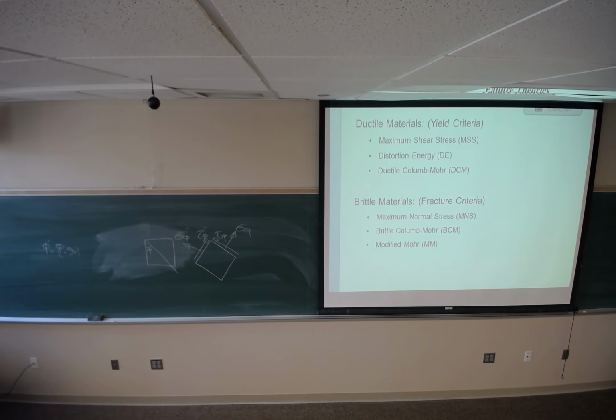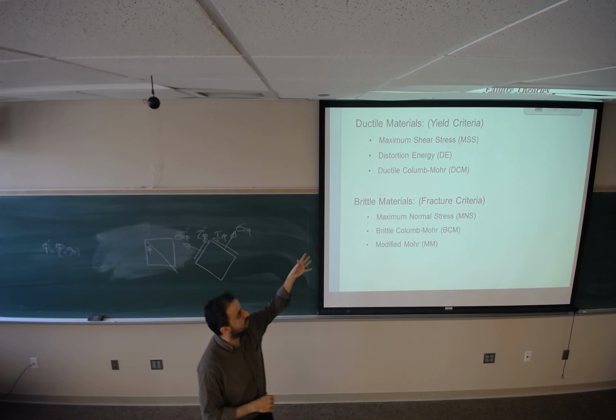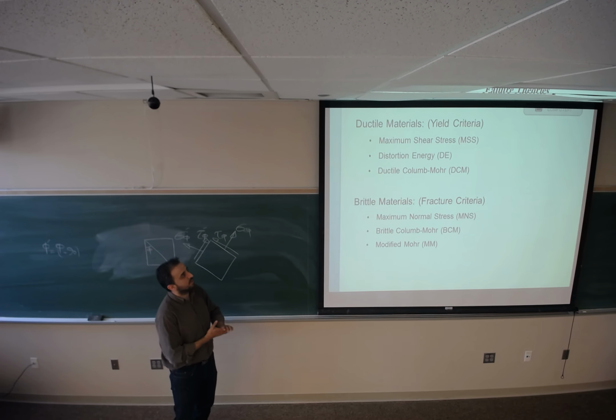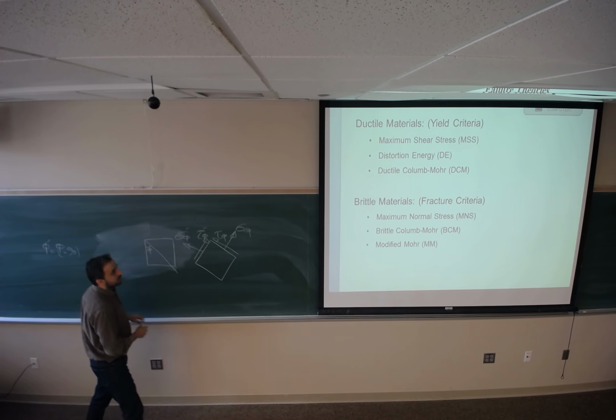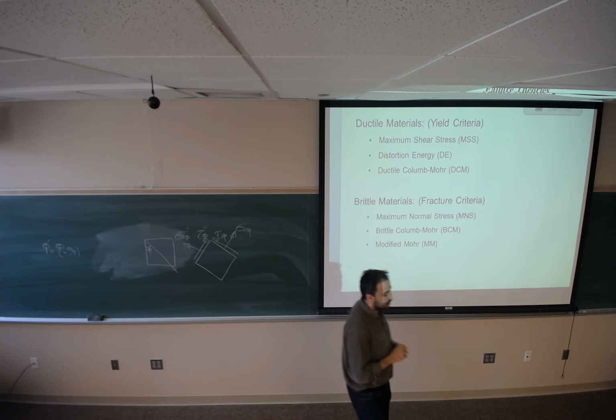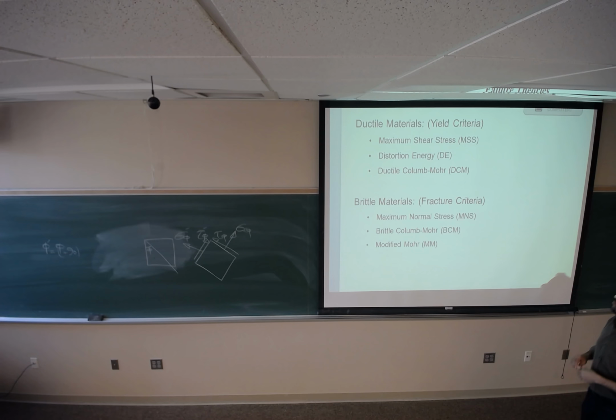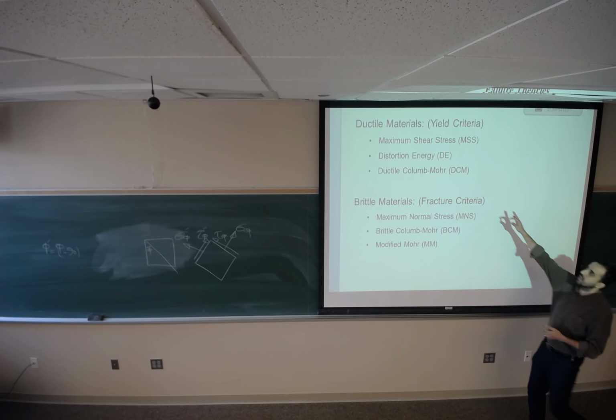For static failure, depending on what type of material we have, we are going to use different failure theories. For ductile material, we are using these three failure theories: maximum shear stress that we talked about last Thursday class, distortion energy, and ductile Coulomb theory.